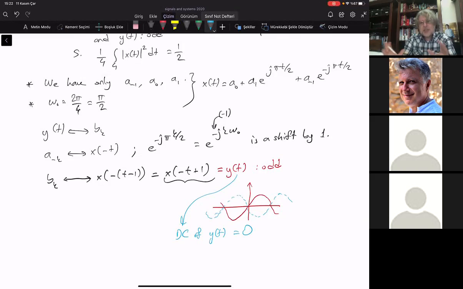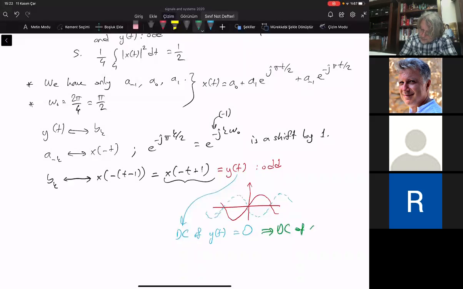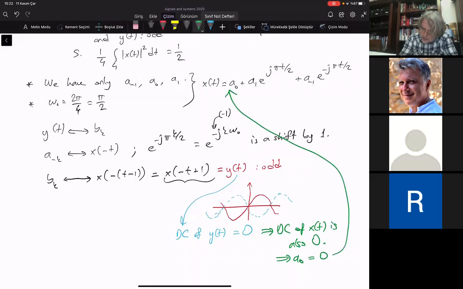And since it is a flipped around and shifted version of x of t, it also tells me that the DC of x of t is also 0, which means a0 is equal to 0, which is here.